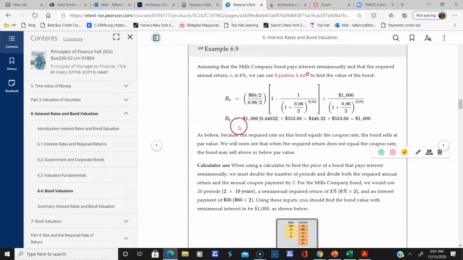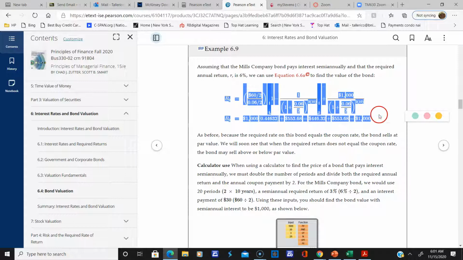So here's an example that we did previously. Here's Mills Company, and you can see now they changed the rules such that you were getting the coupon every 6 months. So here you are getting $30 every 6 months instead of $60 a year. And you could clearly see, because the required return and the coupon rate haven't changed, it's still going to be at par.